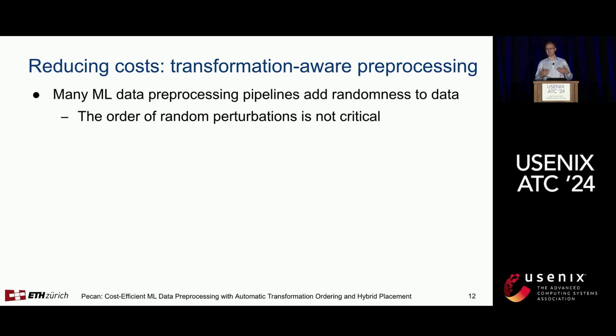But what we see as a very nice property of machine learning workloads is that their point is to add randomness to the data. Rather than producing a specific example, we want to add random perturbations, but their order is not critical because we just want this diverse data set.